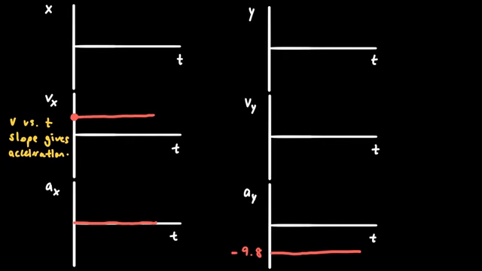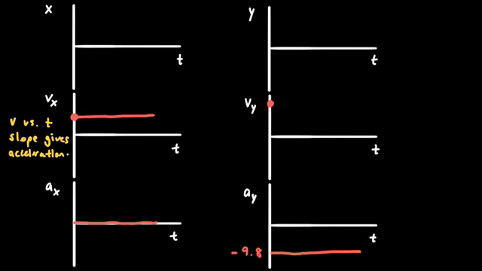Now for the y direction. My acceleration is negative 9.8 meters per second squared, so the velocity better be changing. If I launch an object up and to the right, like it was in the previous picture, then the initial velocity in the y direction is also positive. However, I know eventually the object moves all the way up to its highest point, it stops, and then it comes back down, so then it starts moving in the negative direction.